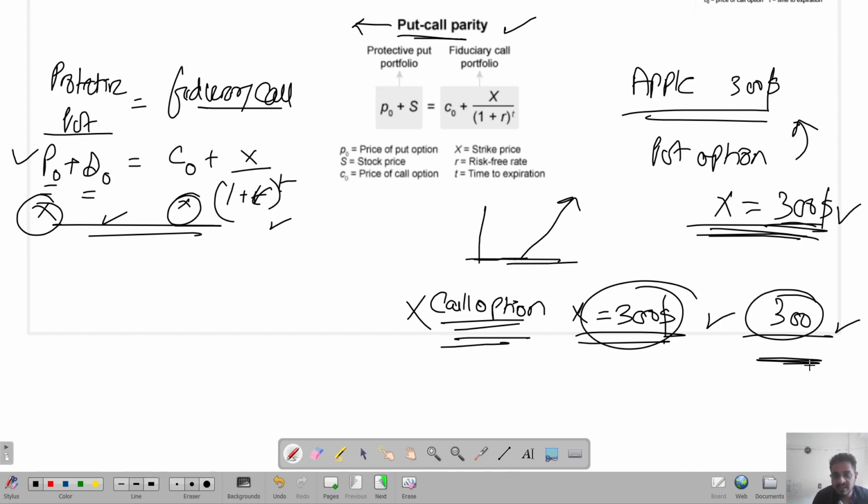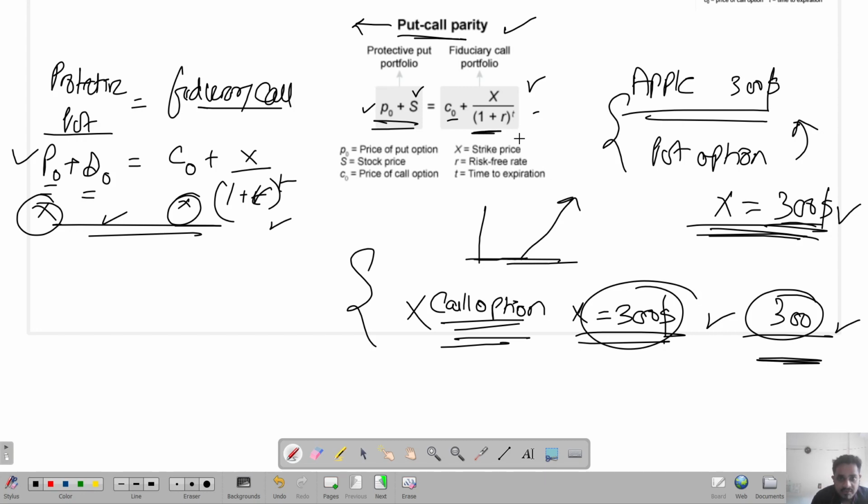So this investor, our protective put, who has bought a put option and holds the stock, is the same as the fiduciary call, which is buying a call option and also purchasing a zero coupon bond.